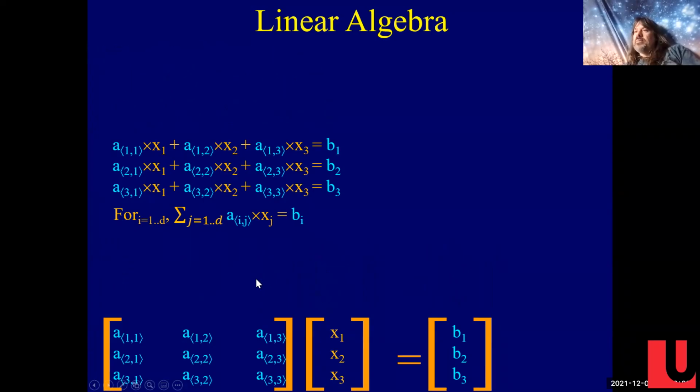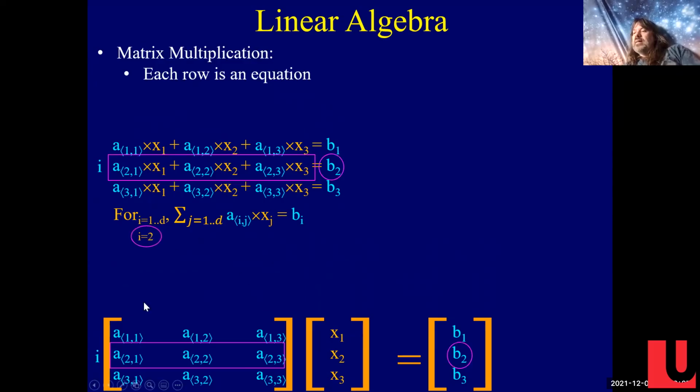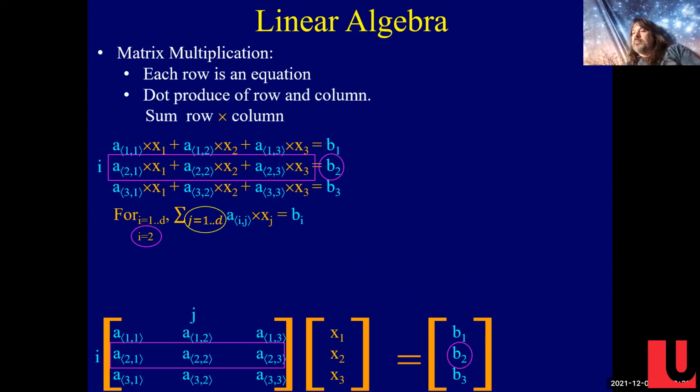So how does matrix multiplication work? You take the ith row here. We're talking about the ith equation. What you do is you take this number times this number plus this number times this number plus this number times this number. The product of those plus the product of those plus the product of those will give us b.